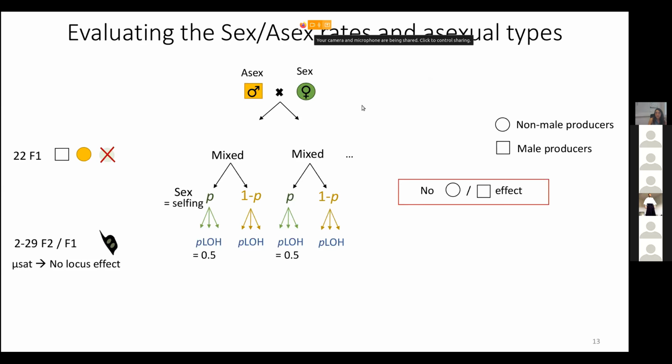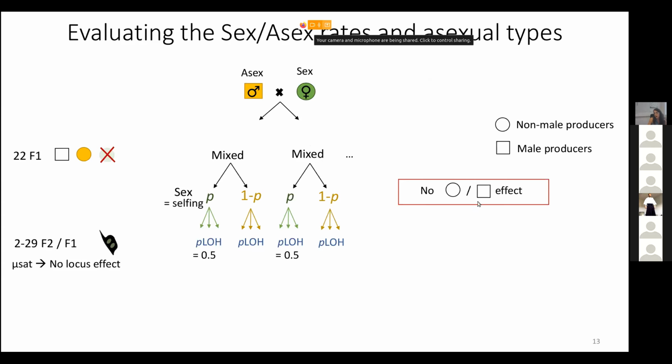So by comparing several models, we were able to show that the offspring of the male producer F1 hybrids have some loss of heterozygosity rate that couldn't be explained only by sexual reproduction. And so we have also some mixed reproduction going on in this male producer.